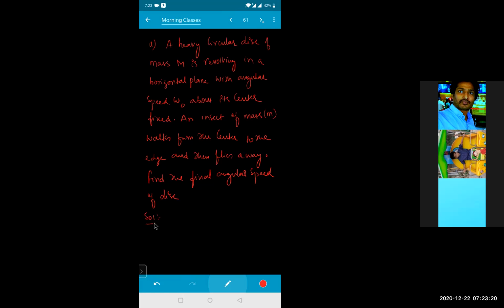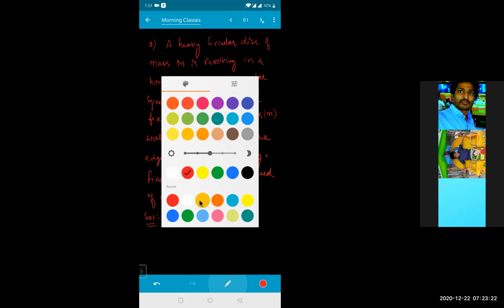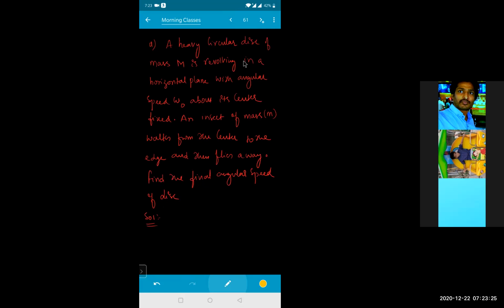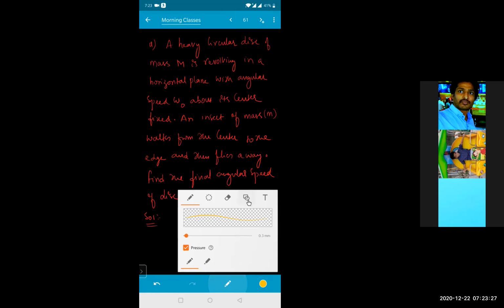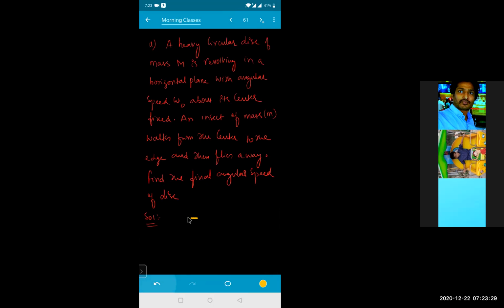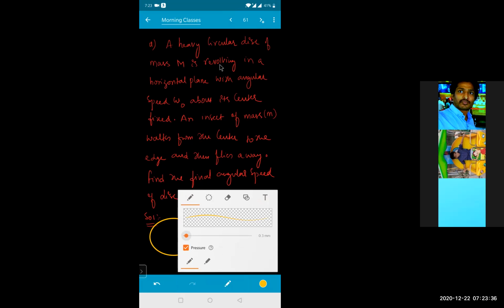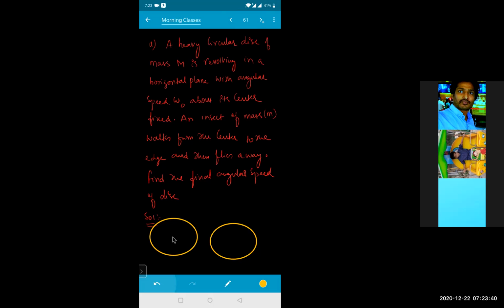Read the question first. We have a heavy circular disk, and this is the other situation of the disk. The mass of this disk is capital M, this is the center O, and some insect is here right now at the center. The mass of the insect is small m.